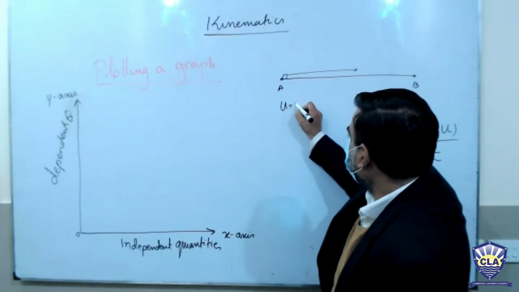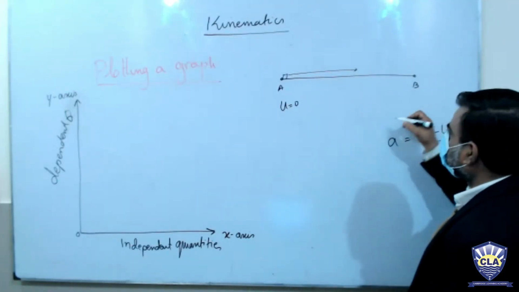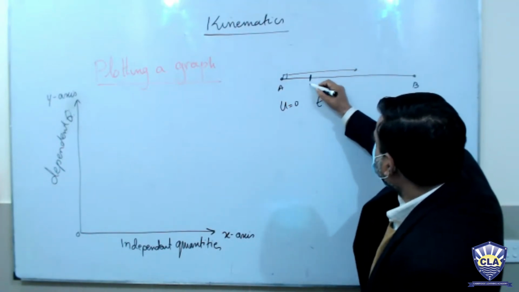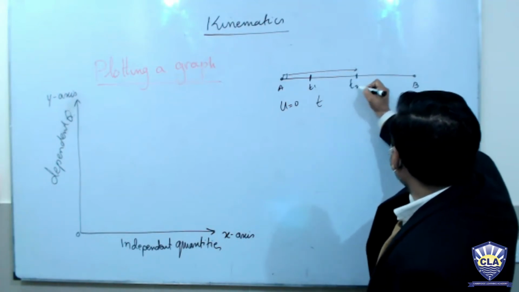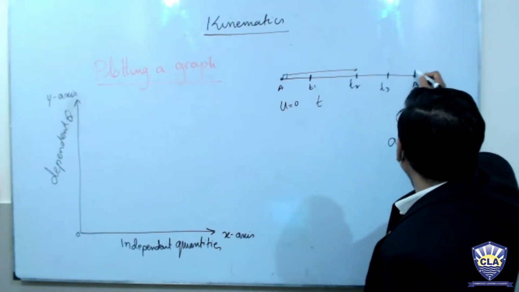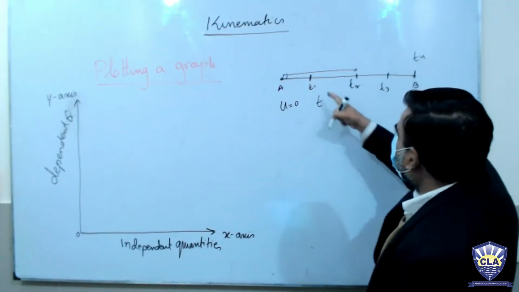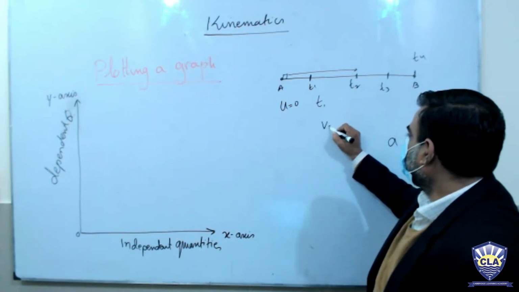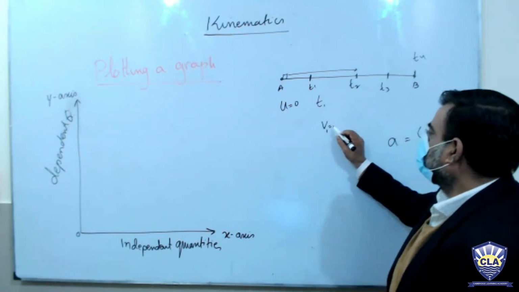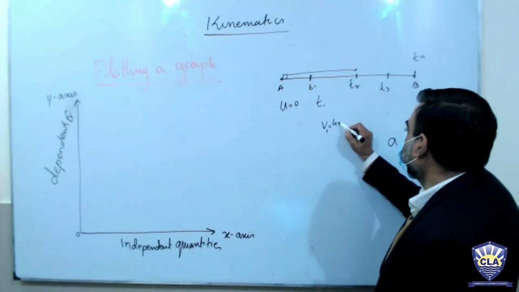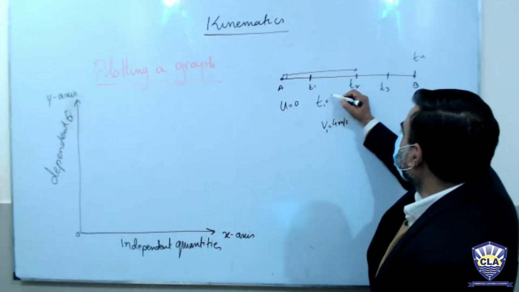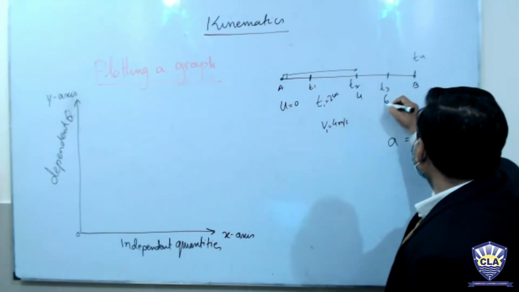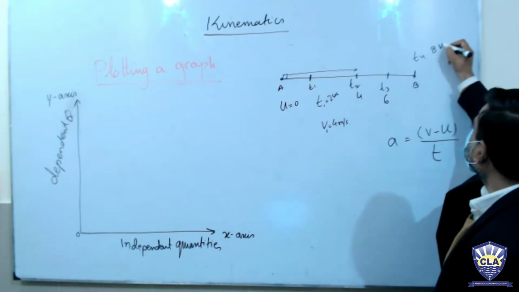So u is 0. And after time, at this point, t1, t2, t3, t4. After time t1, velocity v1 is, let's suppose, 4 meters per second. T1 is 2 seconds, T2 is 4 seconds, 6, 8 seconds.